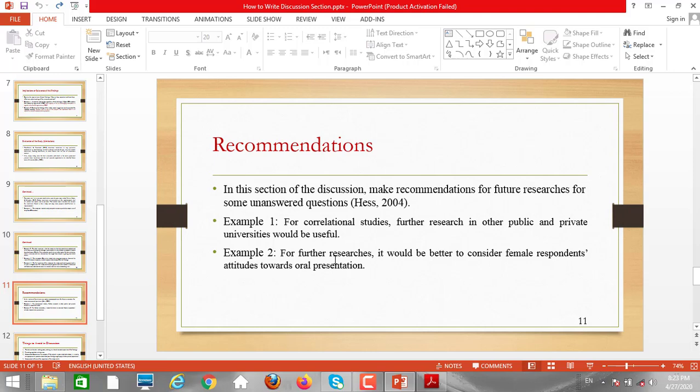And also, as I said in the previous slide, if you considered for your study urban or suburban areas, in the future you suggest to other researchers that they can include rural areas.